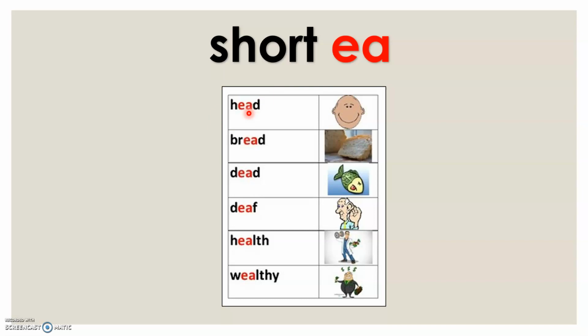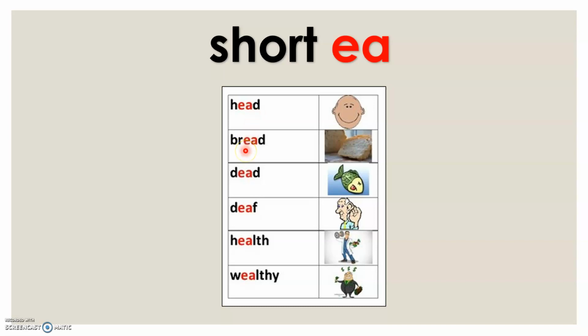And the rule says when two vowels go walking, the first one does the talking. That's right. But we have lots of exceptions in English. So the first exception is that in some words we hear a short E sound. Like, for example, head. We don't read this word as heed. No, it's head. Short E sound.